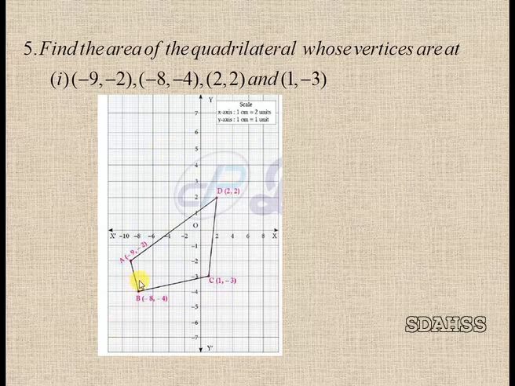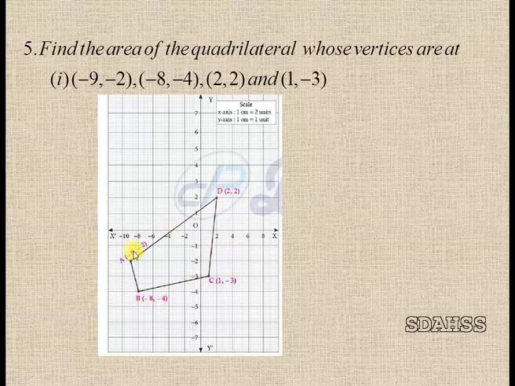In the third quadrant you have to take the vertex A. In the quadrilateral, in the third quadrant you have to take the vertex A, then B, C, D in the counterclockwise direction.